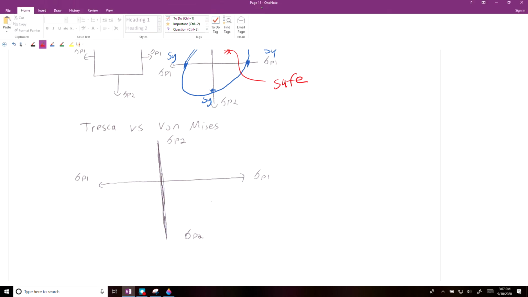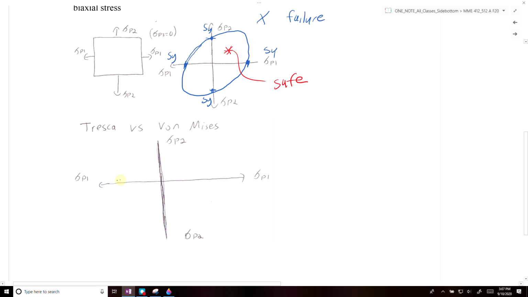So if we draw our von Mises case again, alright, we'll have our ellipse about the yield strength points. Alright, and then for the Tresca criteria, it'll look something like this.